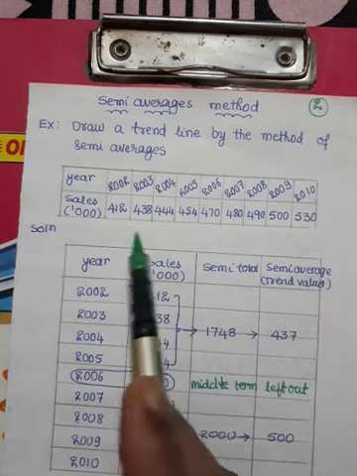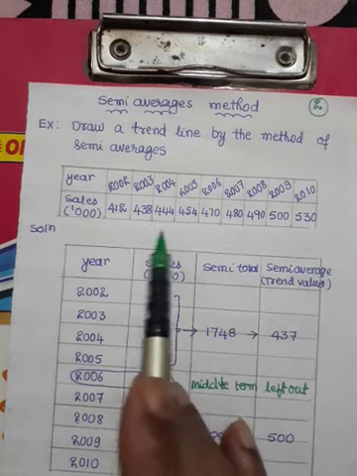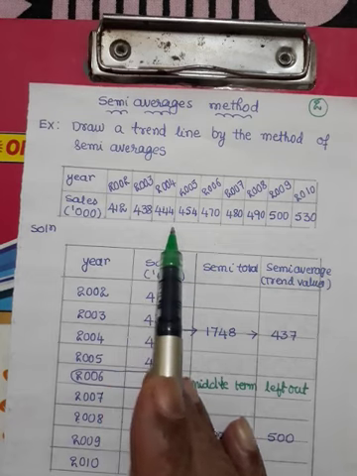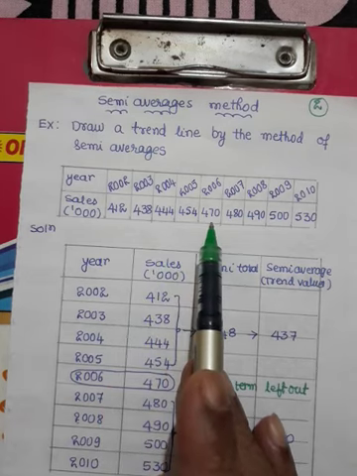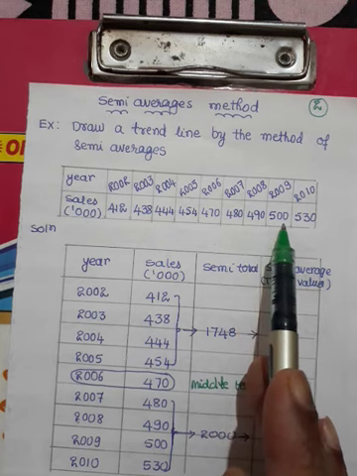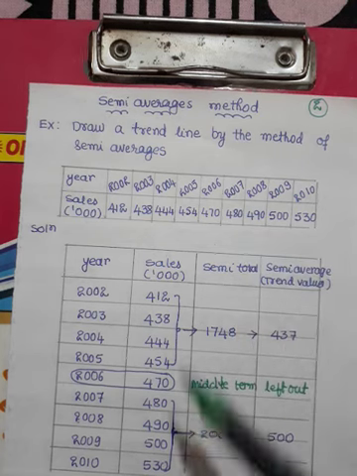The sales in thousands for the corresponding years are also given: 412, 438, 444, 454, 470, 418, 490, 500, 530.